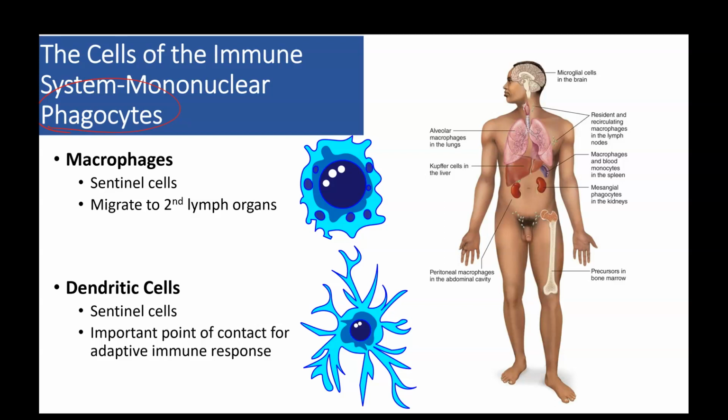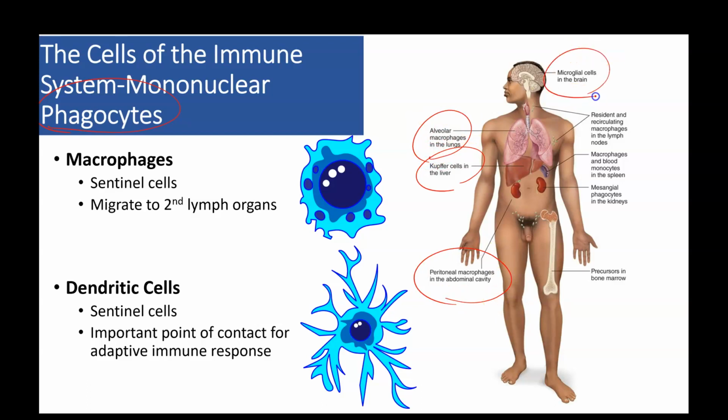And macrophages in particular are found pretty much everywhere in our body. We have macrophages roaming throughout our blood and our lymph, but we also have very specialized macrophages found in specific tissues of our body. For example, we have macrophages in our liver, in our lungs, in our abdominal cavity.